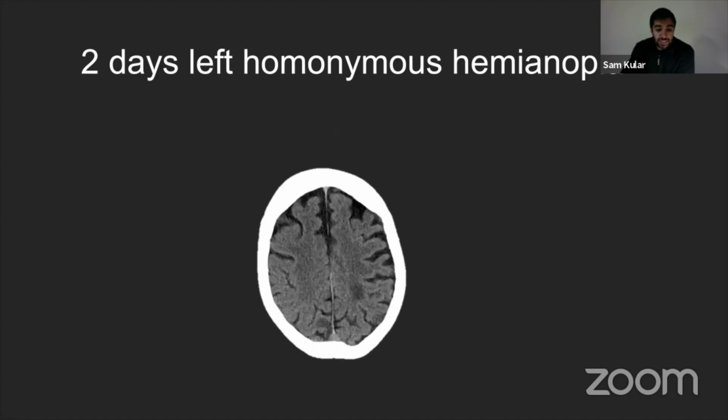Other changes that we can see, so we can see an area of low density here at the top of the brain. This is just something that we see very commonly in patients who are particularly older. And this is something that we can just say is small vessel disease or chronic small vessel ischemia.